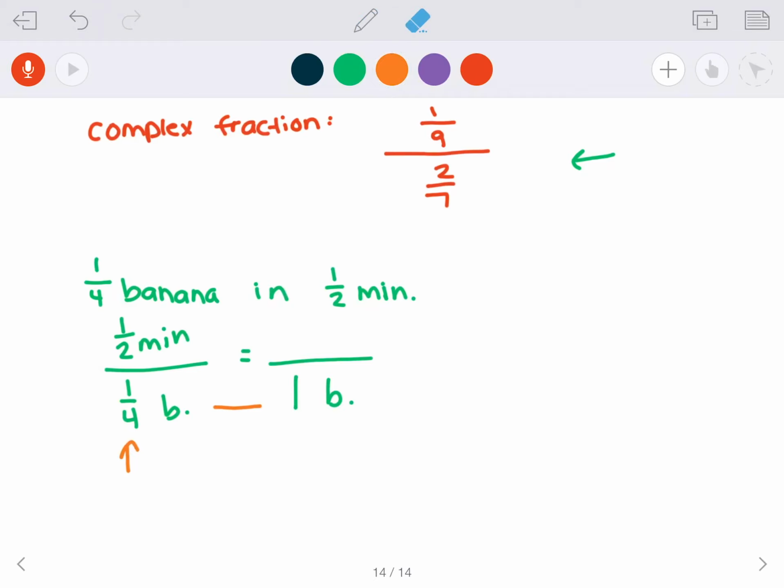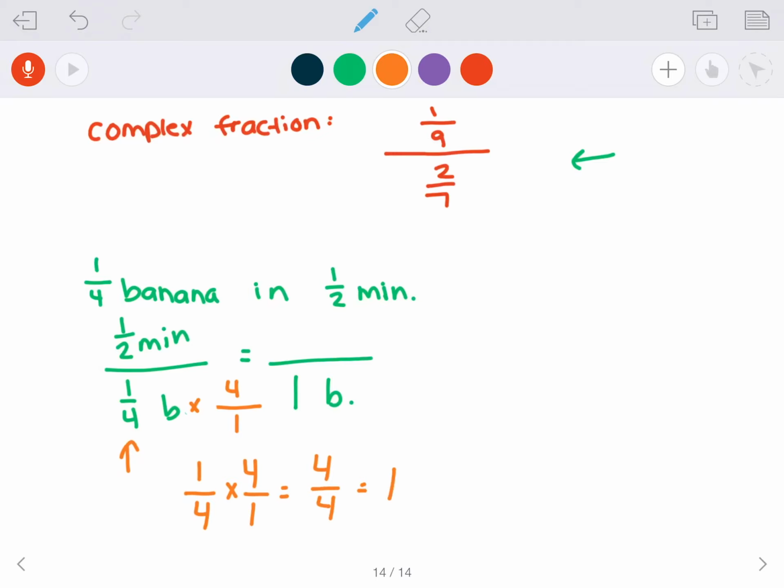And if we remember, the reciprocal is just the fraction flipped upside down. So I'm multiplying this 1/4 times, I'm going to flip it upside down, 4 over 1. Anytime you multiply a fraction by its reciprocal, you get one whole. Okay, so anytime you see a fraction and you need to make it into 1, multiply by its reciprocal.